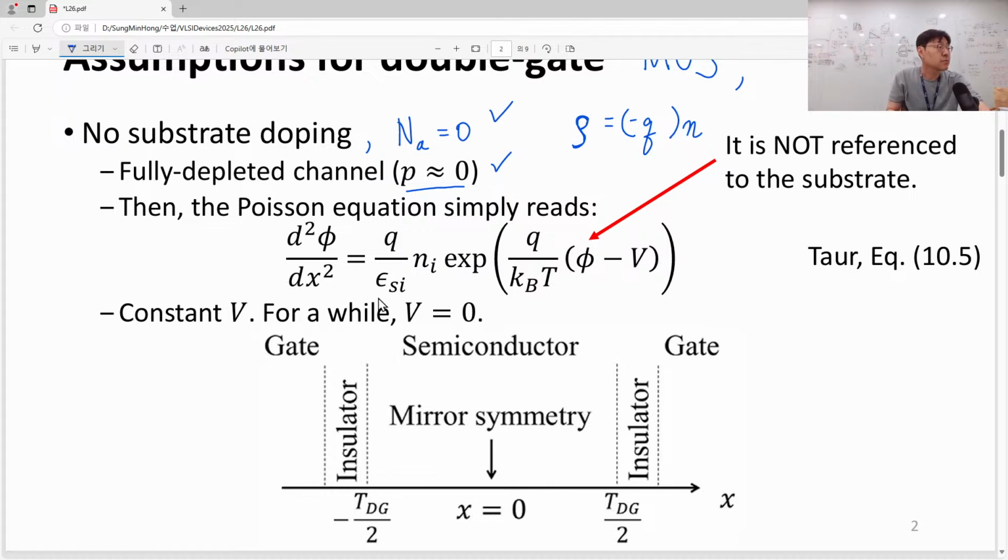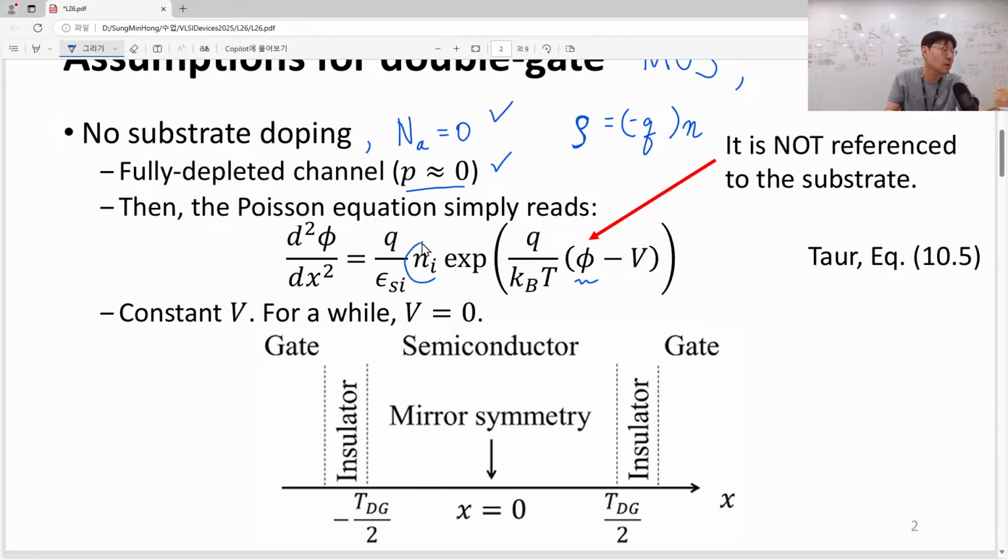Now please have a look at this expression. This is given by just the coefficient and the intrinsic carrier density times the exponential of the electrostatic potential. So now you understand this electrostatic potential is no longer referenced to x equal to infinity, which was used throughout our planar MOS discussion. However, in the case of this double gate, we just use the normal conventional one for this electrostatic potential.